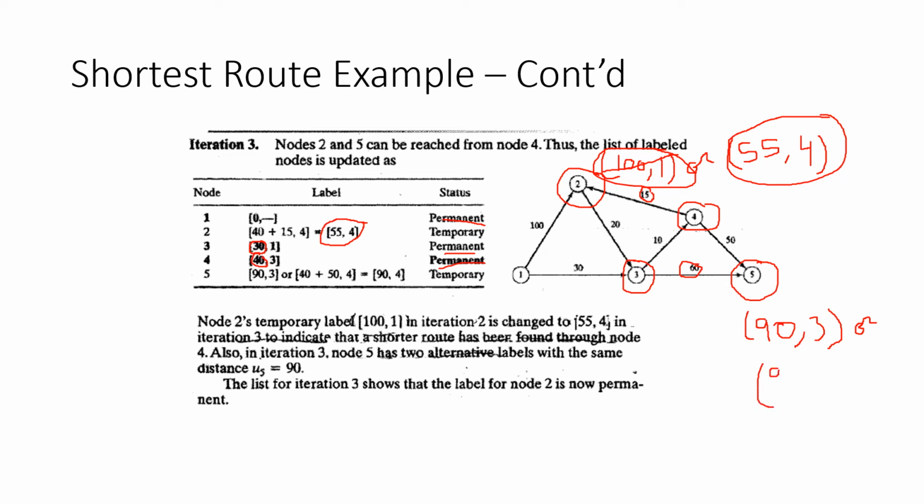Notice here that both have 90, so either one of them can be selected, but if one of them has 100 and the other is 90, then obviously I will stick with the 90, the smaller one. So here it doesn't matter which one you keep. I'm going to keep, let's say, 90 coming from 4, and then I will compare this 55, 4 and 90, 4.